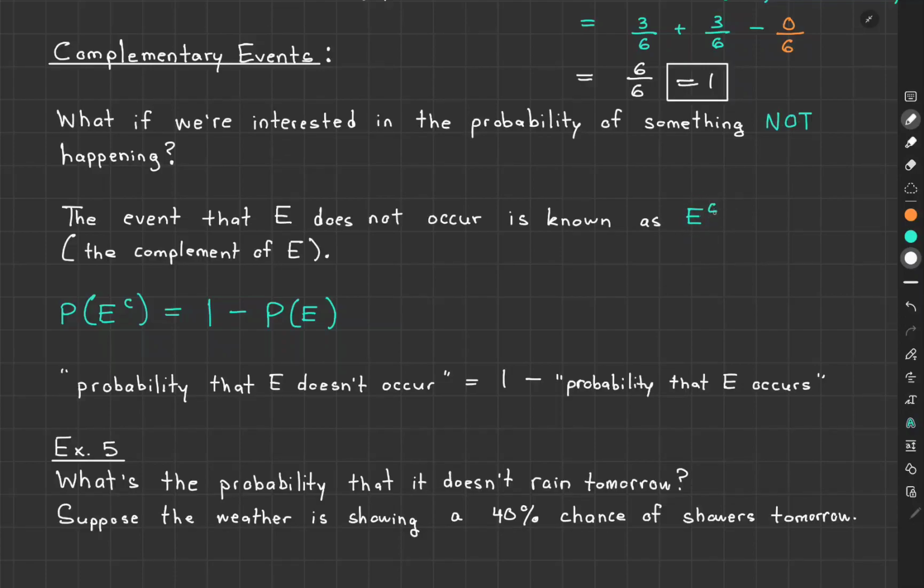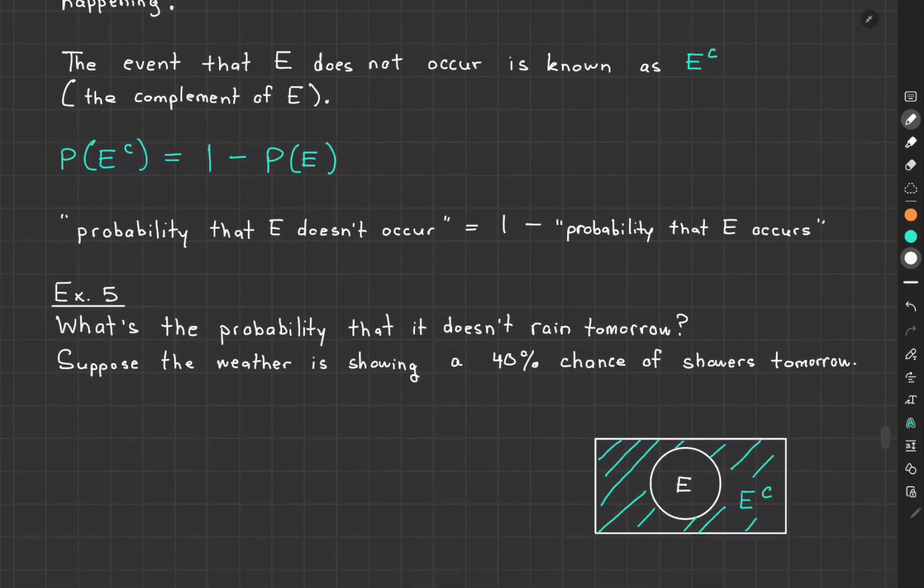So this E with the little C on top as a superscript is read as E complement. This is the event that E does not happen. The probability of E complement is equal to 1 minus the probability of E. So the way you can read this is the probability that E does not occur is equal to 1 minus the probability that E does occur.